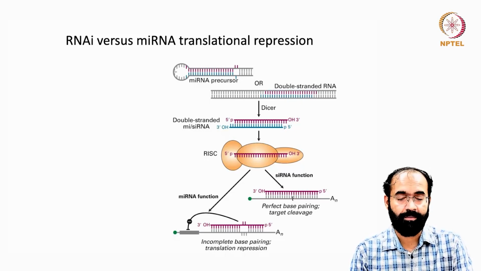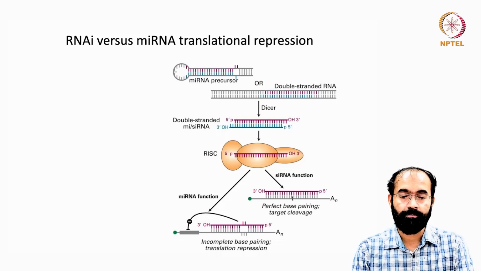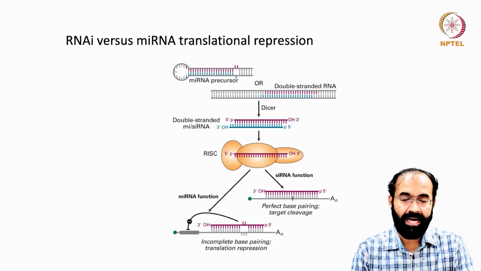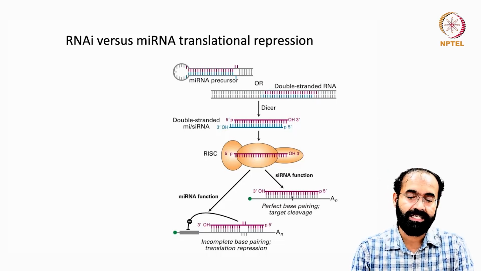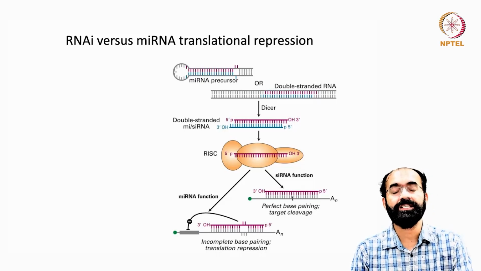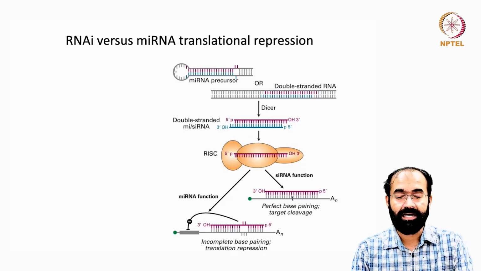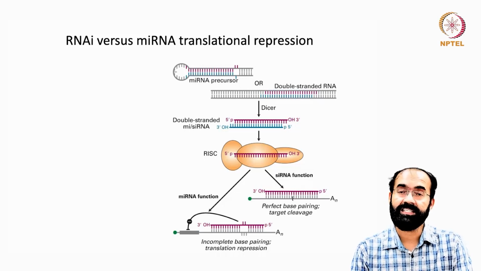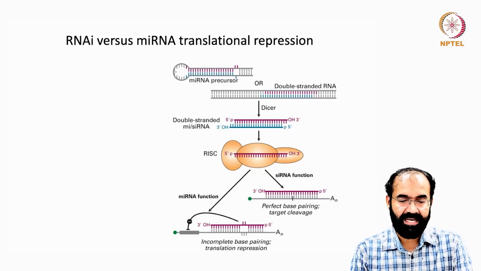Improper here means the base pairing is happening as it should be, but it is not continuous, it is not complete. So in siRNA, it is pairing completely, and it will eventually cause the target cleavage. What is the target? mRNA is the target. So siRNA can go and bind onto specific regions in mRNA and cause the target cleavage. That is the main function of the siRNA.